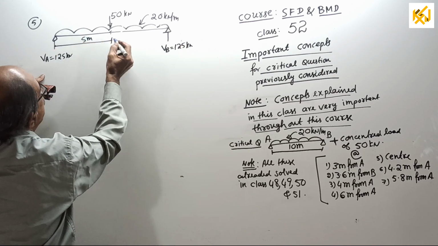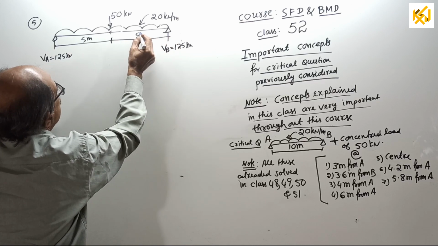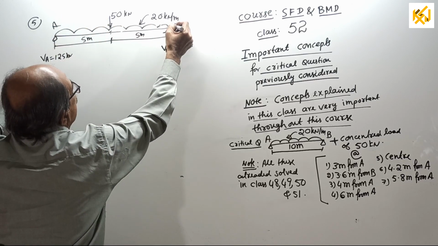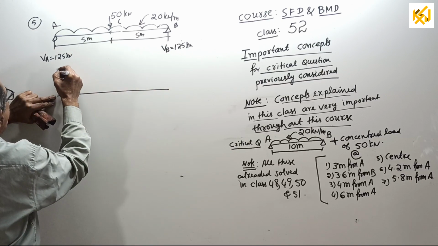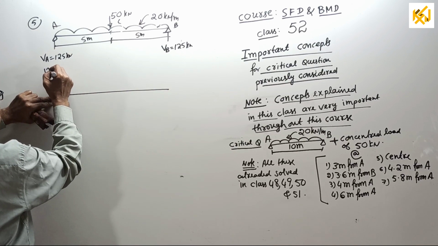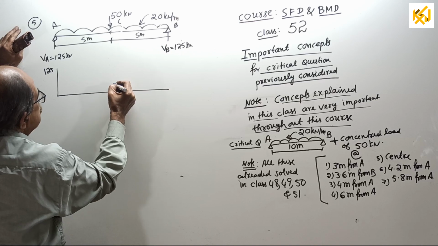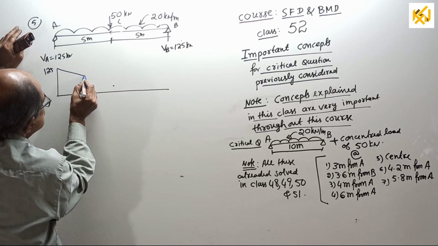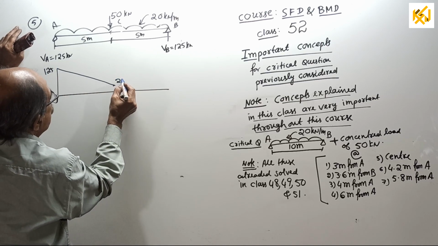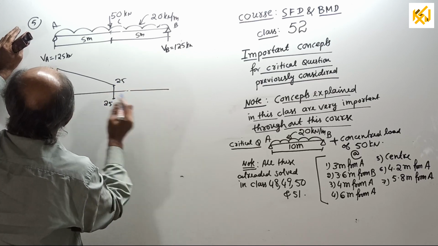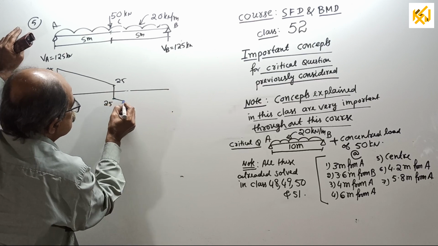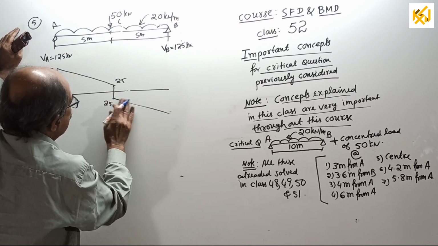A little out of scale, manage it. 5 meter, ABC. Shear force diagram, see. Up 125. 20 into 5, 100. 25. Here, again 25. Here, 125. A little more. Okay, okay.